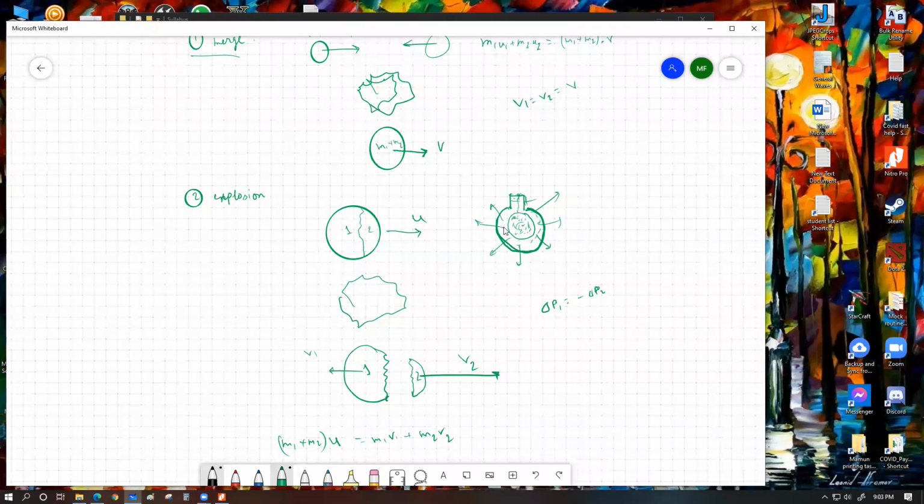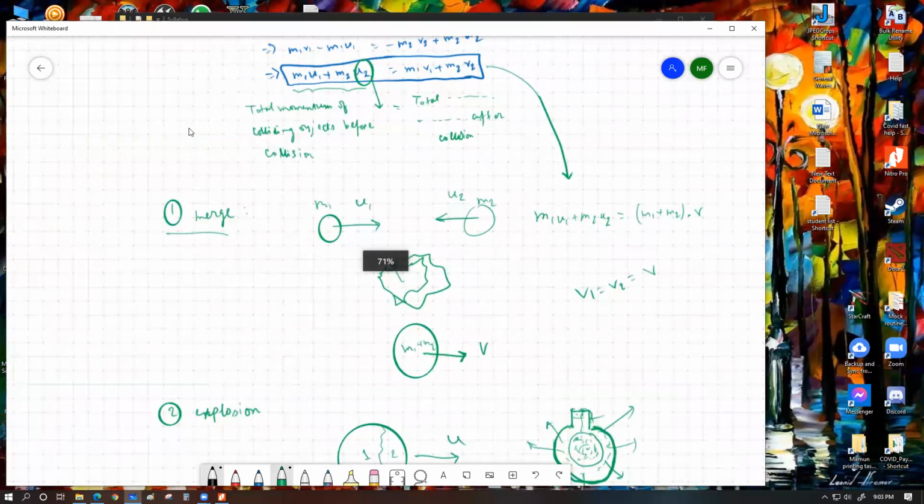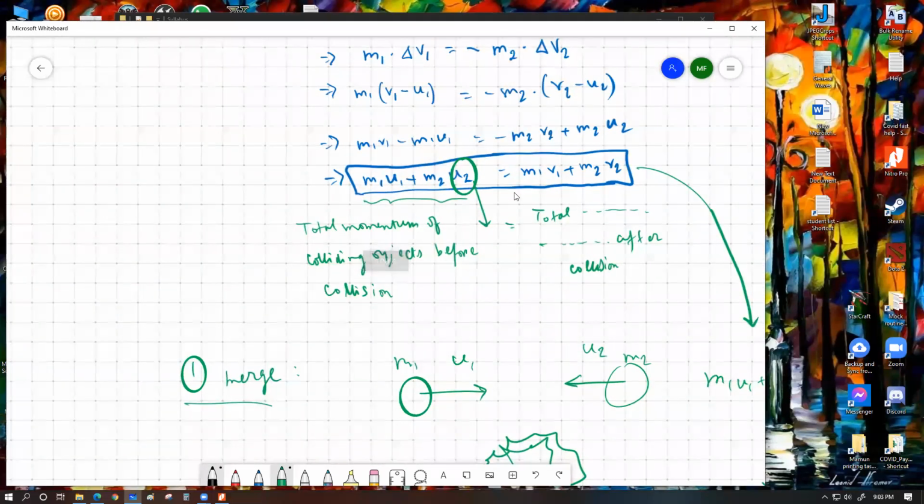Yes, sir. And for all the three-dimensional cases or even two-dimensional cases, the vector equation will always hold true. For example, over here, try to understand this part, which is pretty interesting. Whenever we consider this to be the formula for law of conservation of linear momentum, we are considering that the objects are moving in the same alignment.